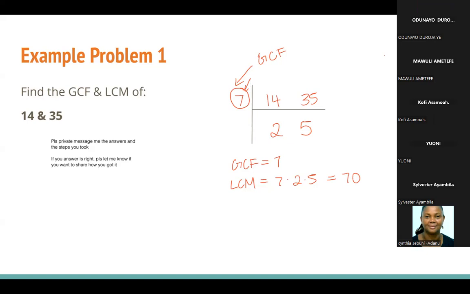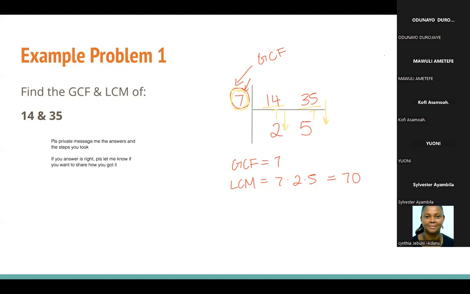So if we see 14 and 35, the greatest number we can pull out is 7, because 7 is a factor of both of them. Once we take 7 out, we divide both by 7 to get 2 and 5. Is that part clear? A little. Okay.